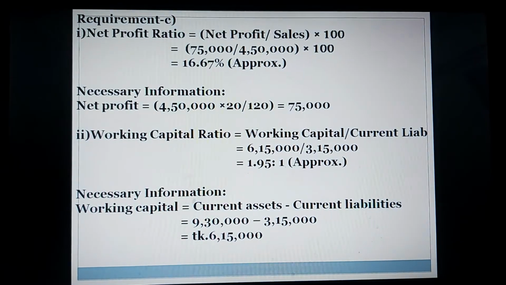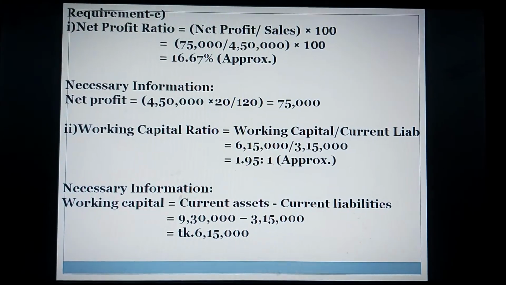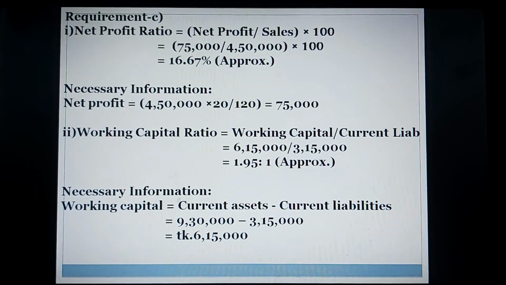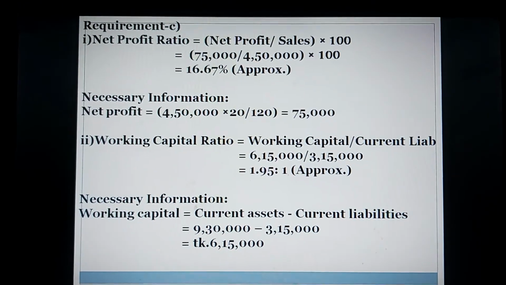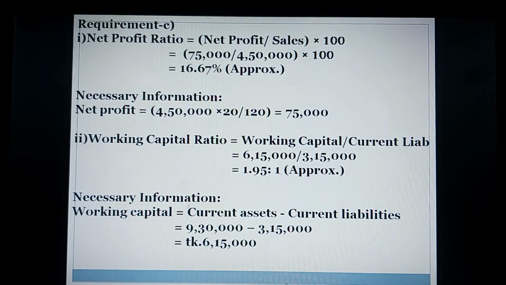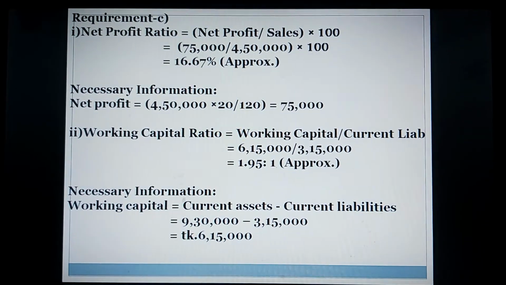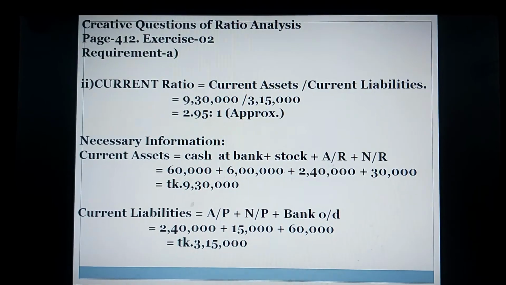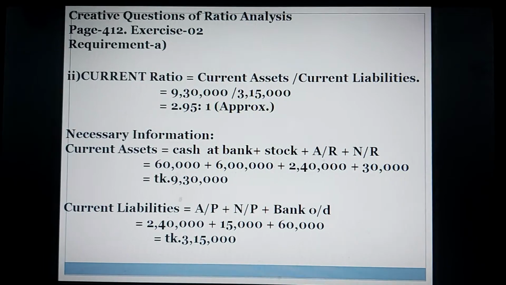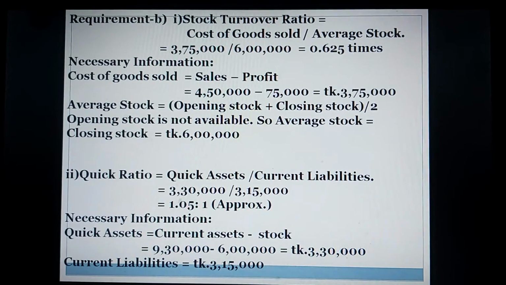Dear students, I think you have written in your accounting copy. This is the solution of question number 2, that is creative question number 2 from your accounting learning book from page number 412. It is necessary to say in this math totally 5 ratios are available. First one, current ratio, that is the formula current assets divided by current liabilities. Second one, stock turnover ratio, that is inventory turnover ratio.